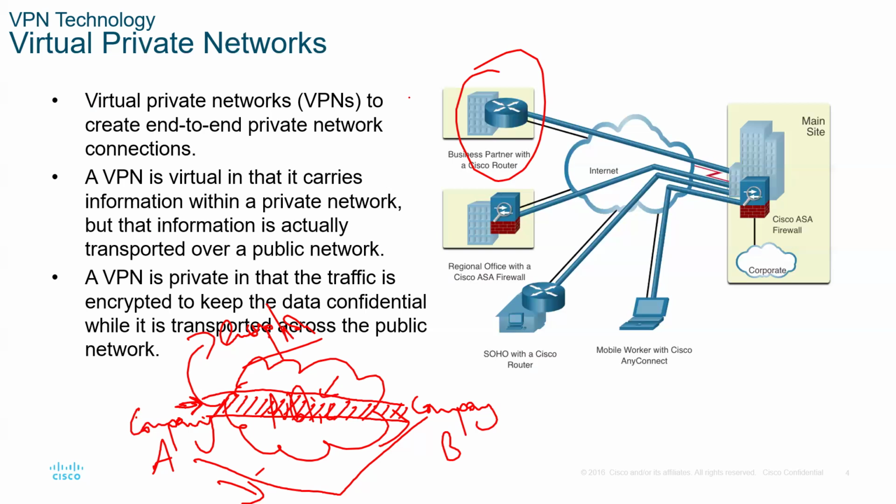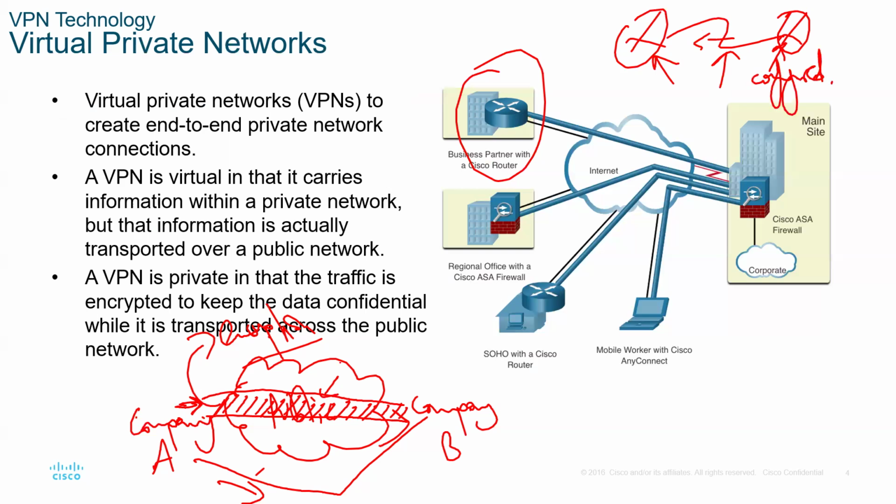Then on the routers are the configurations so that traffic that travels over this link is encrypted. So there are configs at this end and configs at that end, on those specific interfaces. Then all traffic passing through here is encrypted because of what is configured here. So you have these devices that can be configured to do that. We have the firewalls that can be configured to do that.